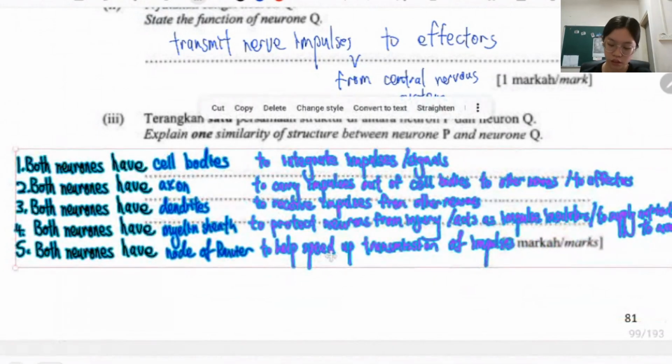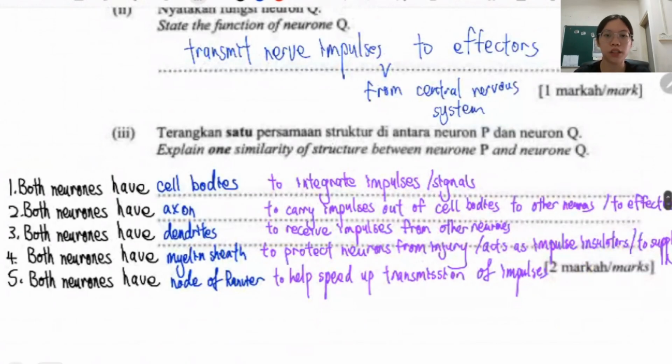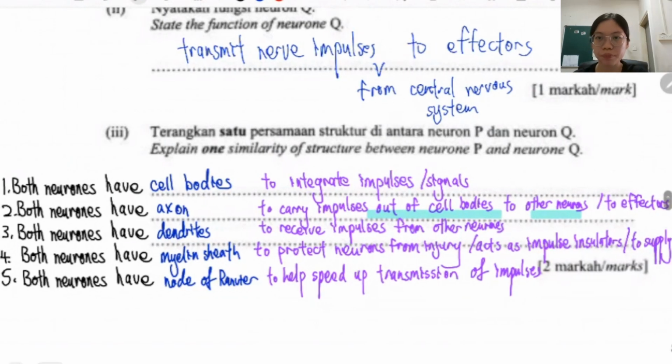These are the possible answers you can provide. What is the function of the cell body? Both neurons have a cell body, which integrates impulses. Both have an axon to carry impulses out of the cell body to other neurons or to the effector.